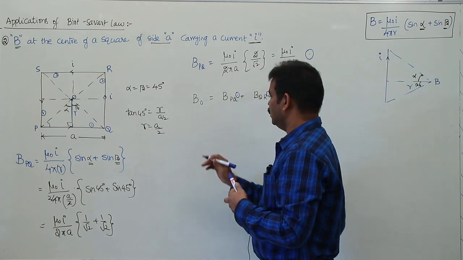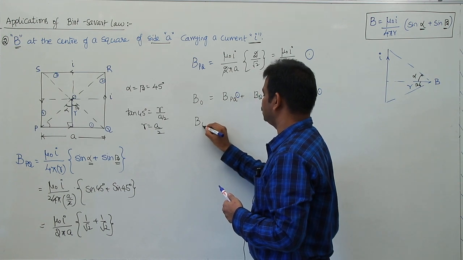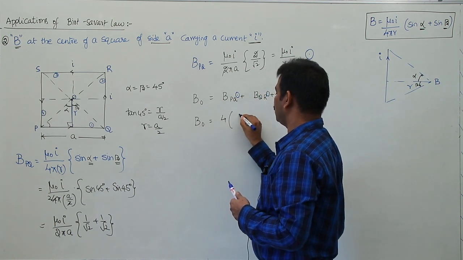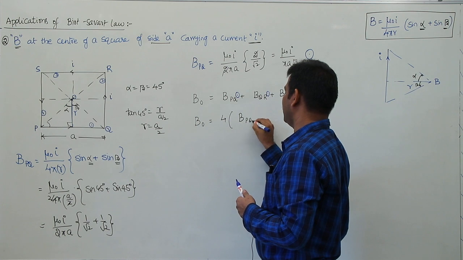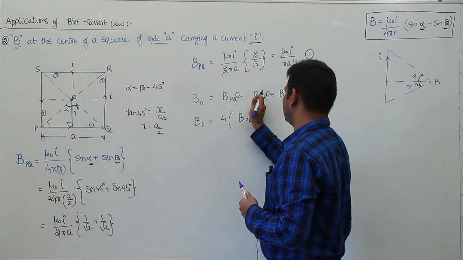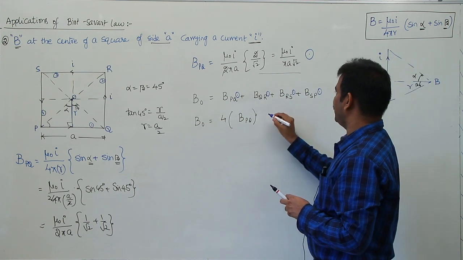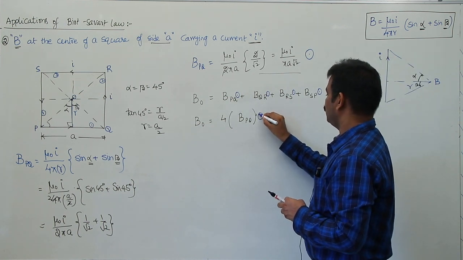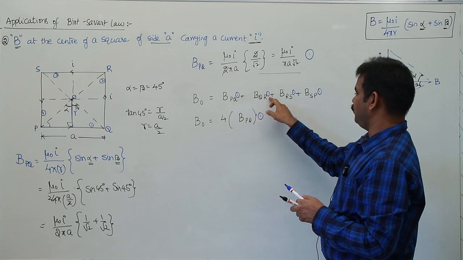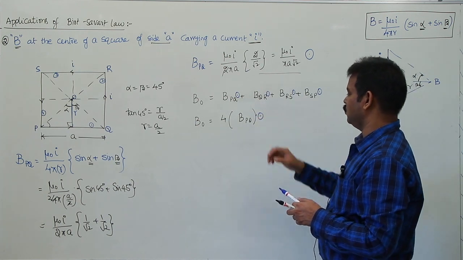Once again I am adding this. So magnetic field at the center of this one is equal to 4 times the magnetic field due to any one of the sides, and already I found this value mu naught I by root 2 pi a, which is acting outwards. All fields are acting outwards. I am taking this as outwards.